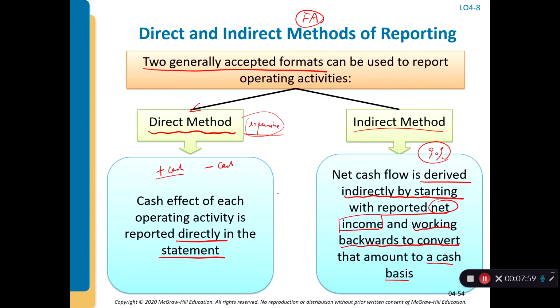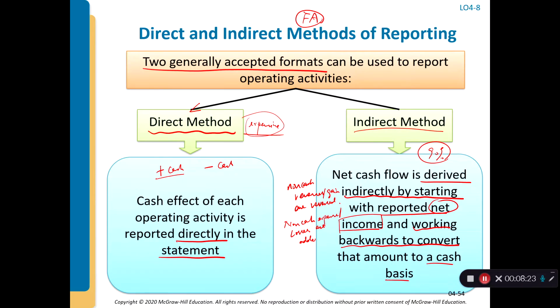So for example, the components of net income that do not affect operating cash flow are reversed. That means that, for example, non-cash revenues and gains are reversed, while non-cash expenses or losses are added.